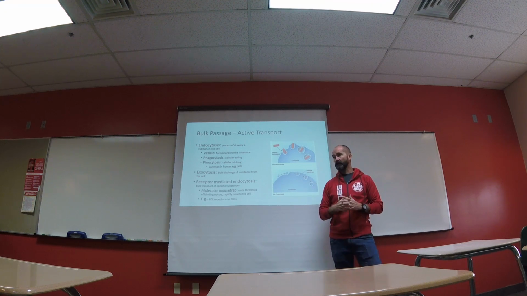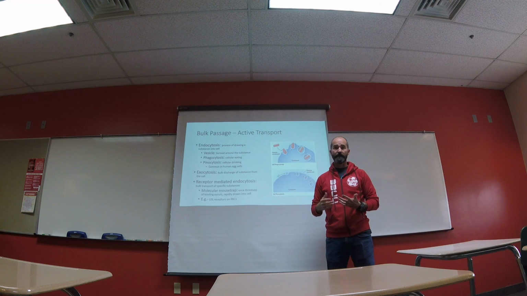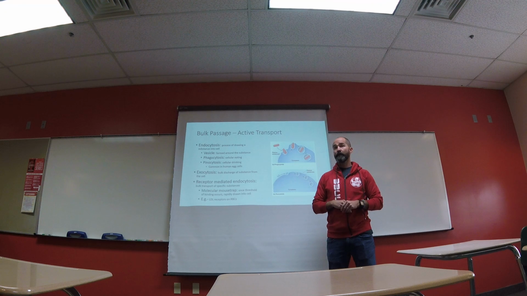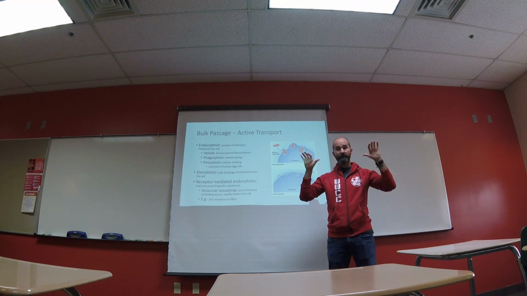A good example of this are LDLs and RBCs. So LDLs are low-density lipoproteins, which form plaques inside our blood vessels. You build up fat, and it leads to heart attacks and strokes. Red blood cells, however, have receptors on the surface of their cells that identify LDLs.